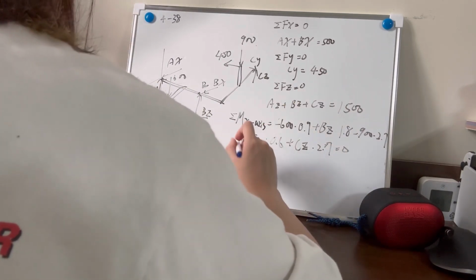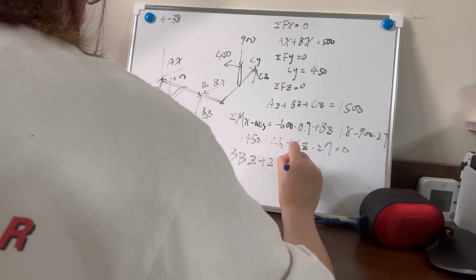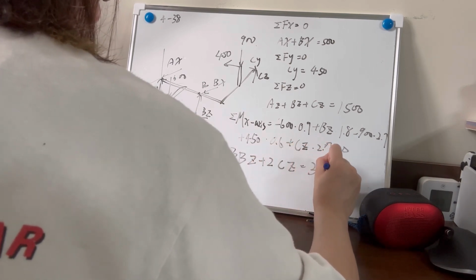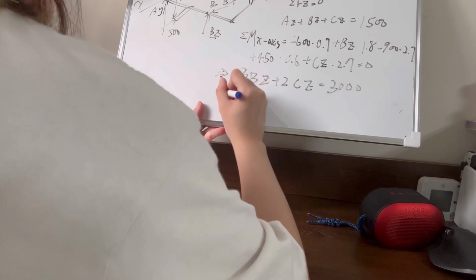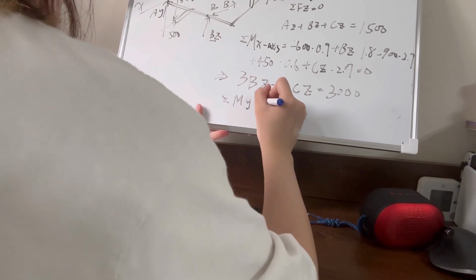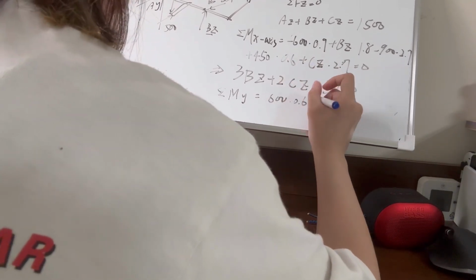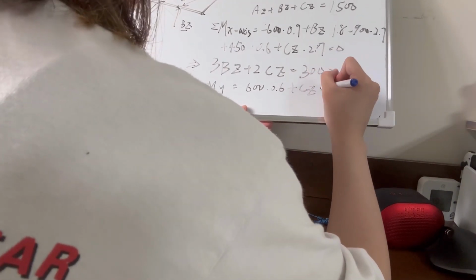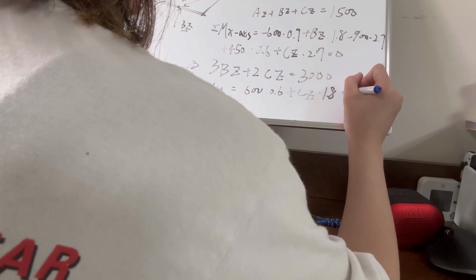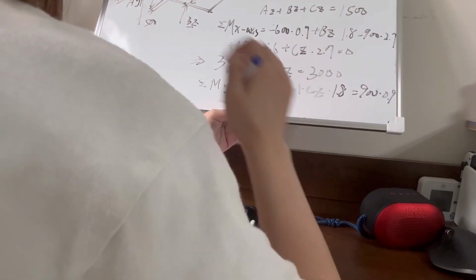So you can write down like this: 3Bz plus 2Cz is equal to 3,000 here. And the summation My here is 300 times 0.6, and plus Cz times 1.8, and it's 900 times 1.6, and the y-axis force and the distance.